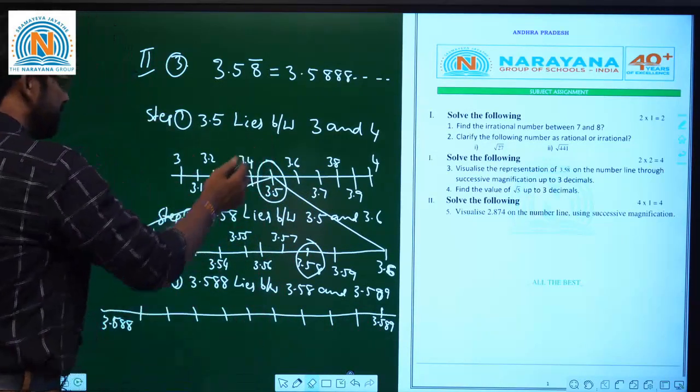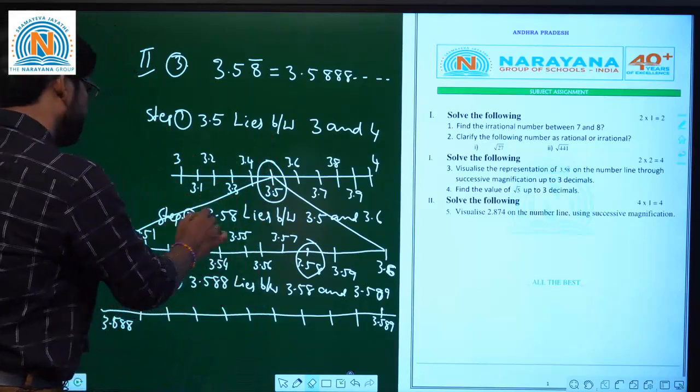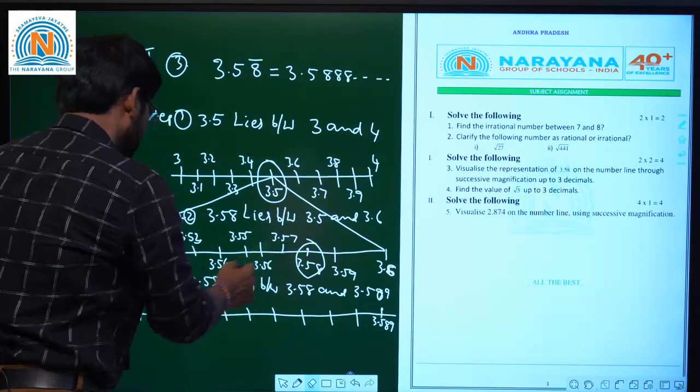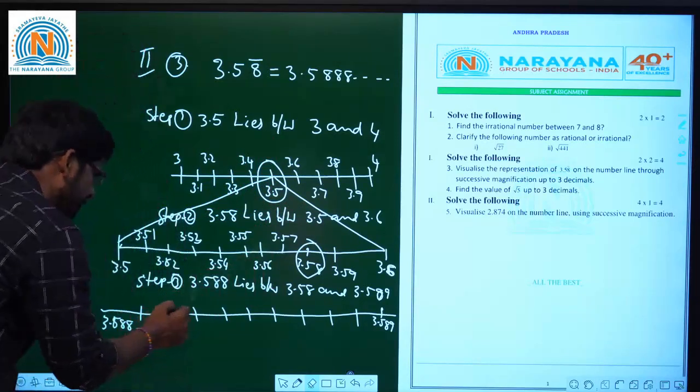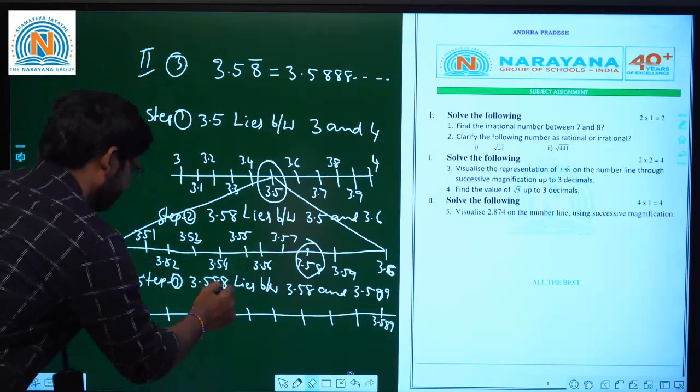Next place is 3.58, which lies between 3.5 and 3.6. 3.588 lies between 3.58 and 3.59.